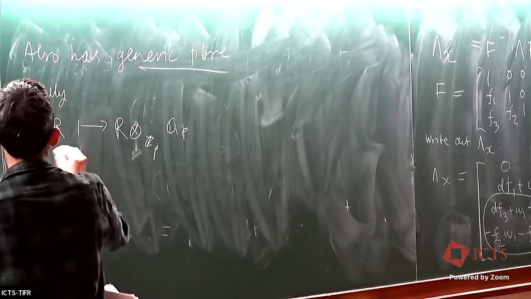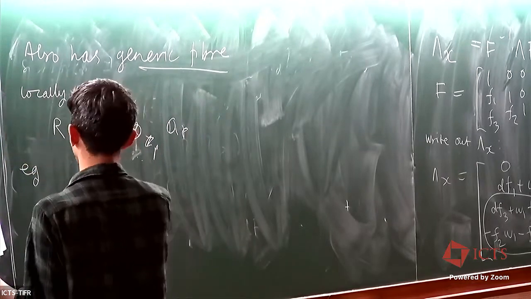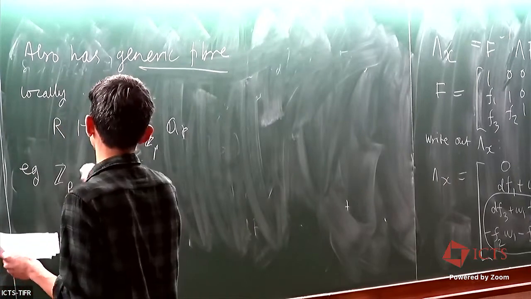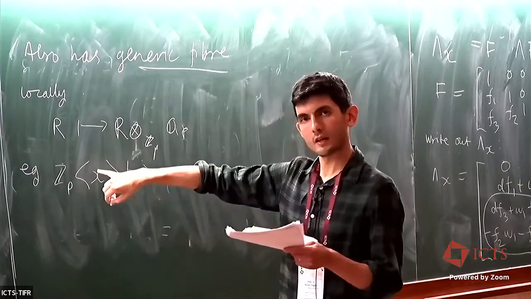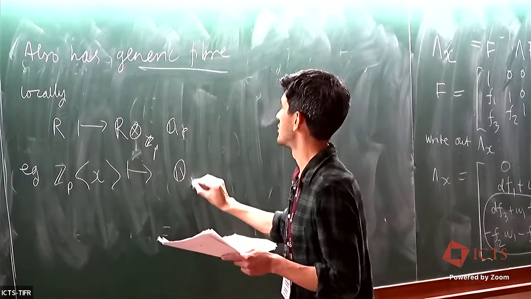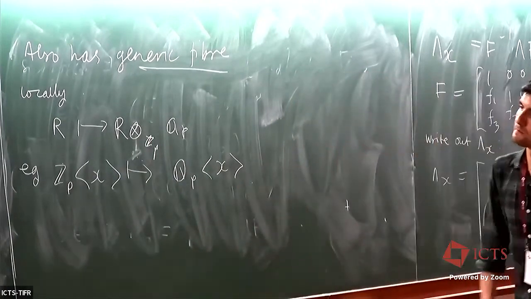So, e.g., Z_p angle brackets x goes to, so if you think about it, when you tensor this with Q_p, you just get the usual Tate algebra.